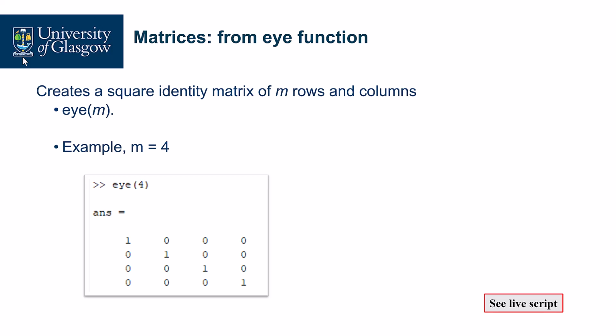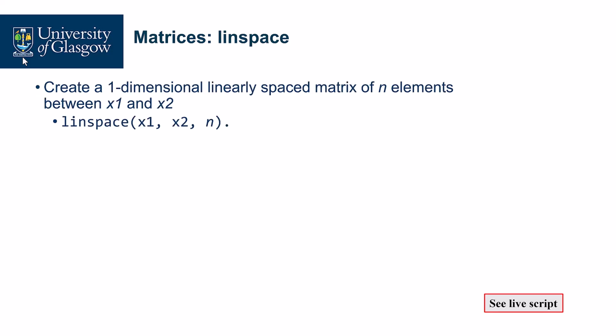Then we have another function we call linspace. This function is quite useful to generate a linearly spaced matrix of n elements between x1 and x2. We write linspace(x1, x2, n). This means the starting point is x1, the end point is x2, and there are n elements inside this matrix.